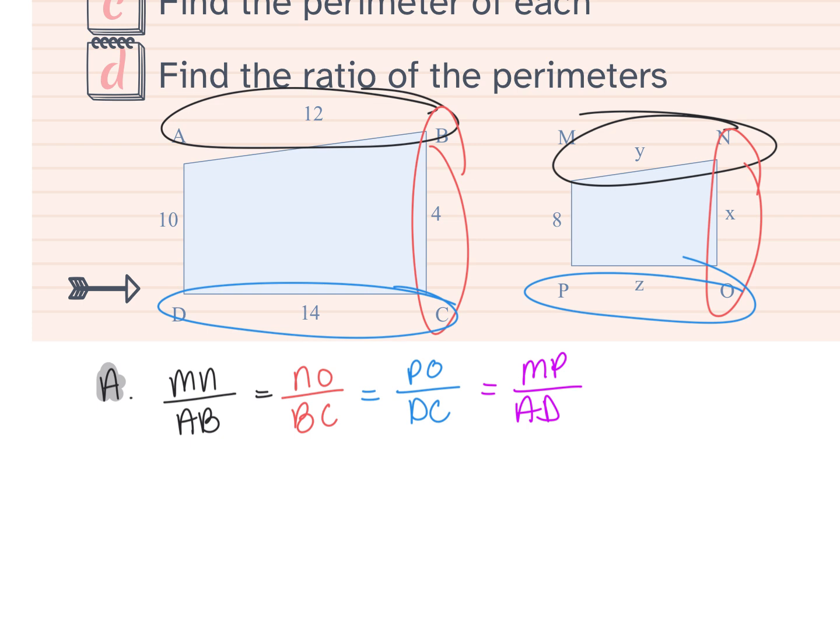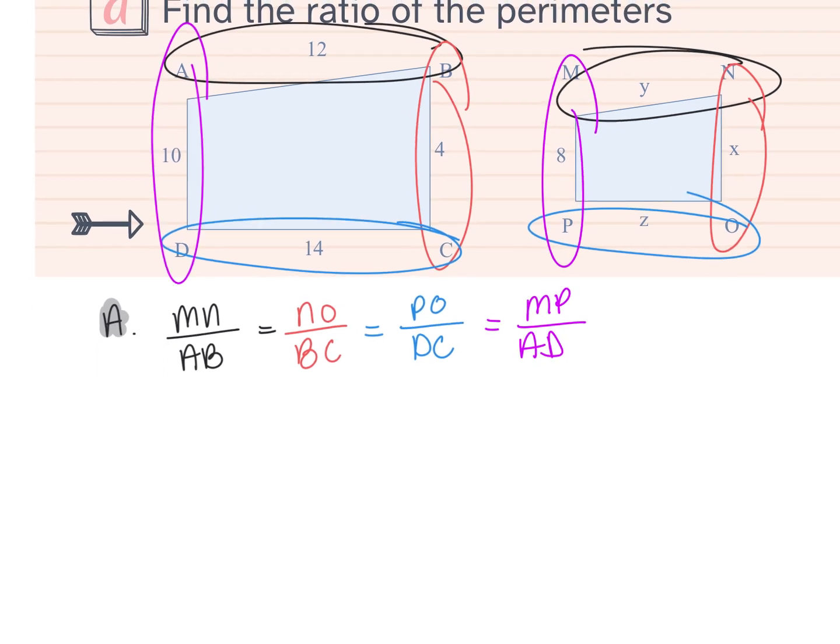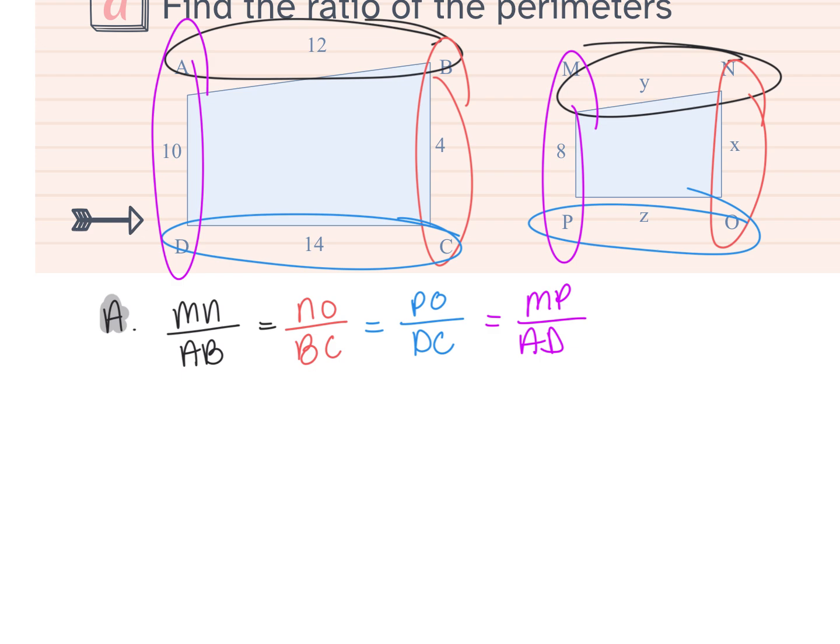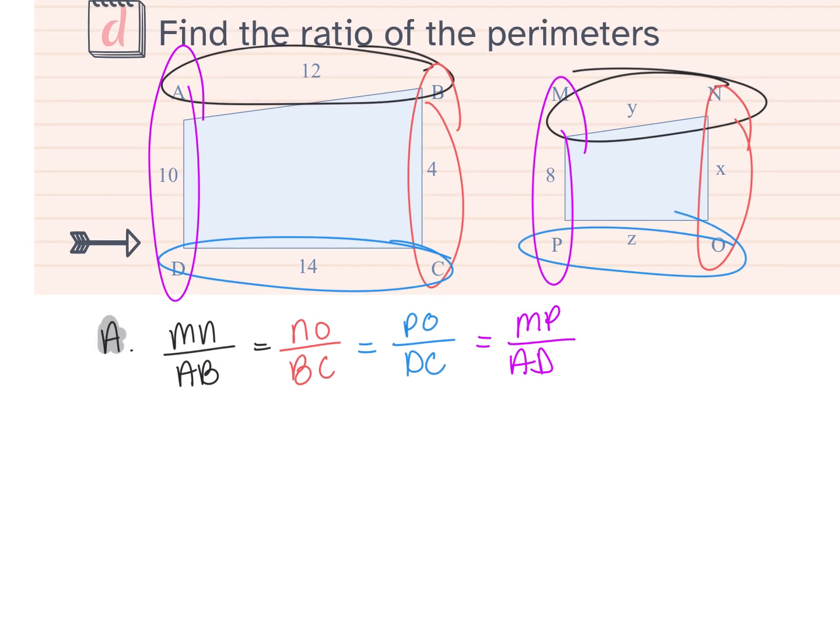Now I need to find which sides I can use to find my scale factor. So first, I'm going to look at what they're giving me. Looking at the first one I did, I circled it in black and I also wrote it in black. I'm writing it as a ratio. I'm going to have y over 12 equals, can I use that as a scale factor? No, because they're not giving me any numbers.